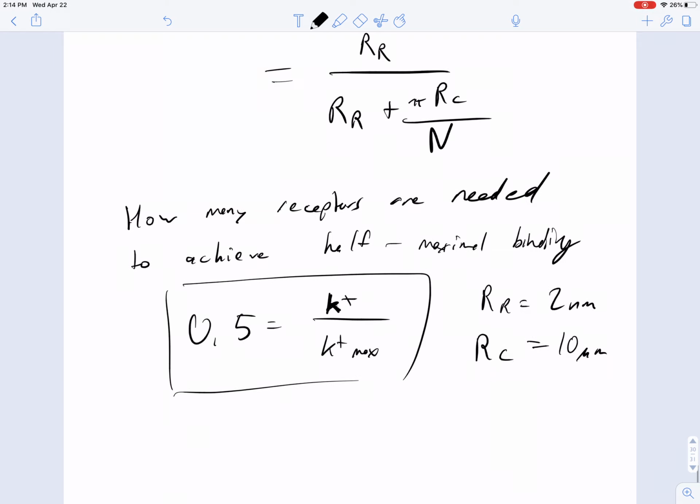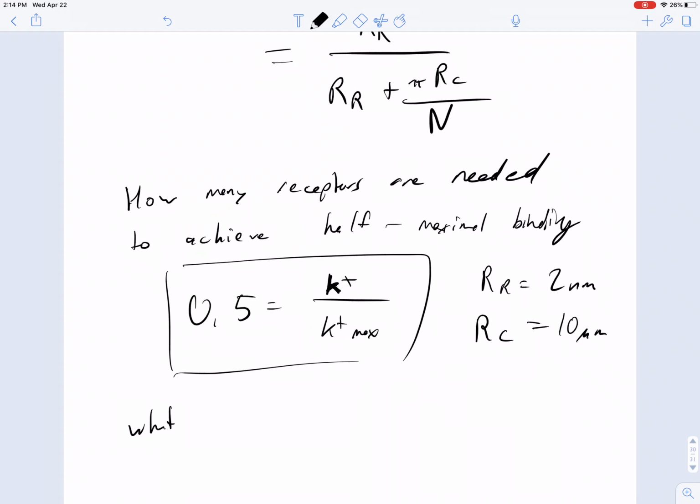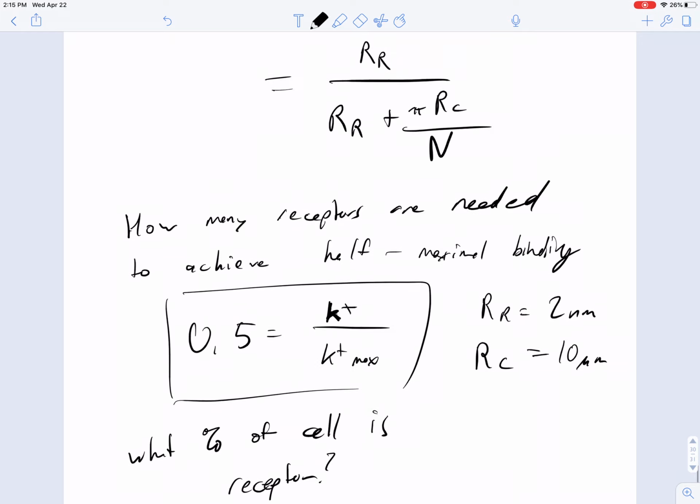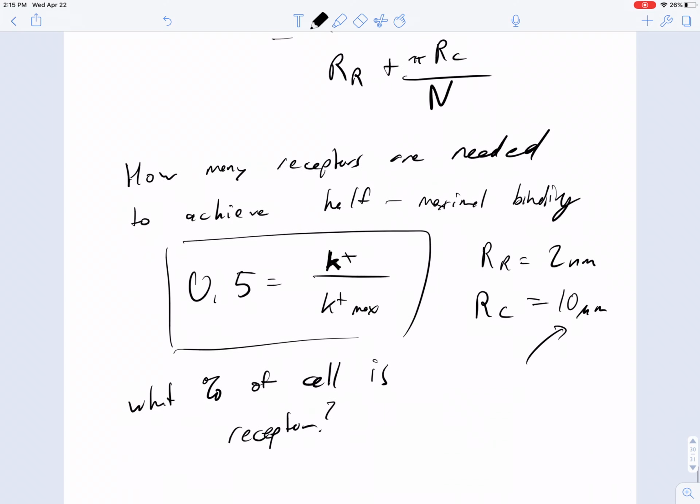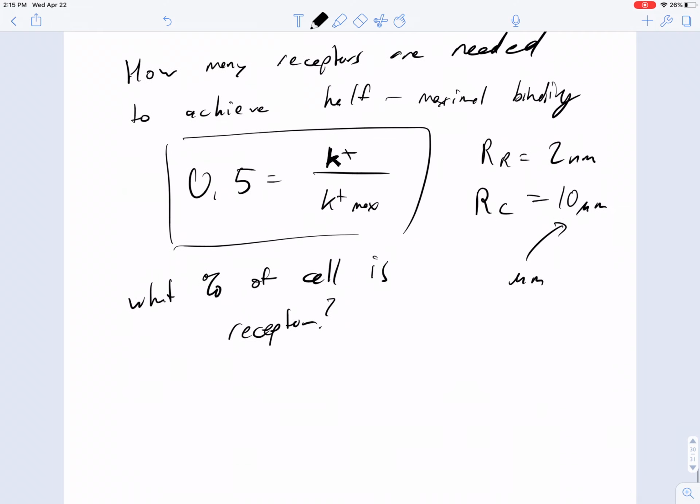That's pretty good. So what percentage of the cell is receptor? Why don't we convert all of these into a micrometer length basis, and then do the math.